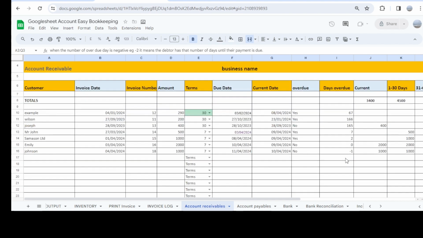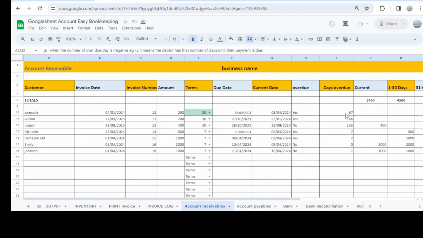For these transactions that I've entered, when it's 67, for instance, it says it is overdue, 67 days. It means that this customer is late on his payment, 67 days late. But in this example where it says -1, it means he's not overdue yet. He has one more day until his payment is due.